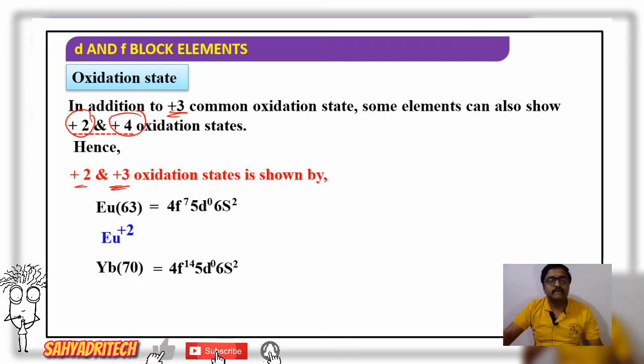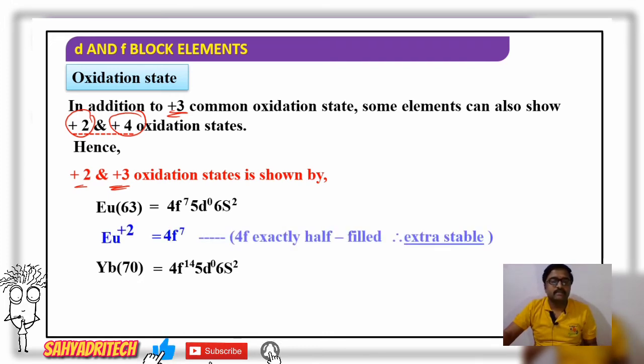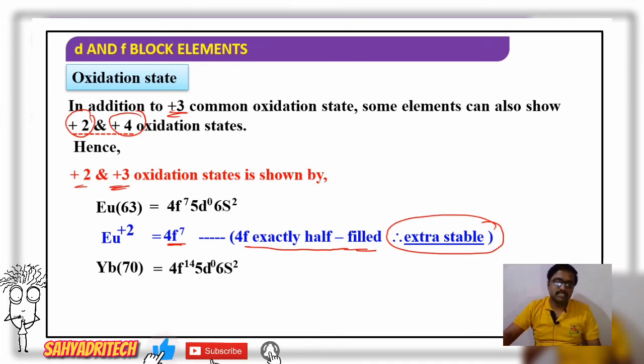So europium +2 oxidation state, 4f7. If it loses 2 electrons, as I already specified, what is it going to get? 4f exactly half filled configuration, which means it will be more stable. Therefore we say it readily loses 2 electrons to show a +2 oxidation state.